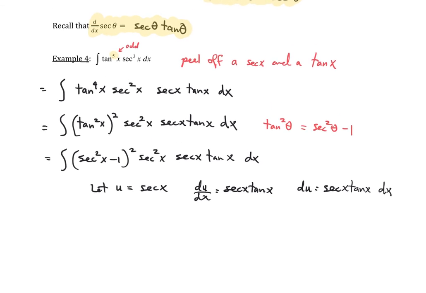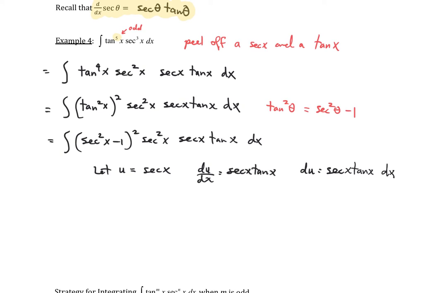Now I can make my substitution. When I make my substitution, I'm going to get the integral of u squared minus 1 quantity squared. I'm going to have another u squared for the secant squared x, and then the secant x tangent x becomes du. Okay. Now I just want to use some algebra.